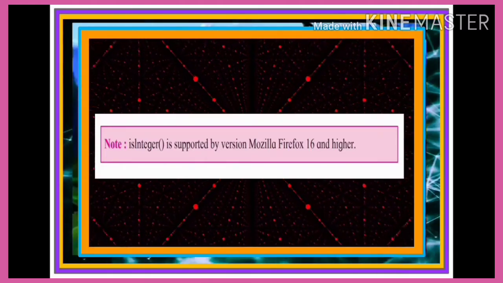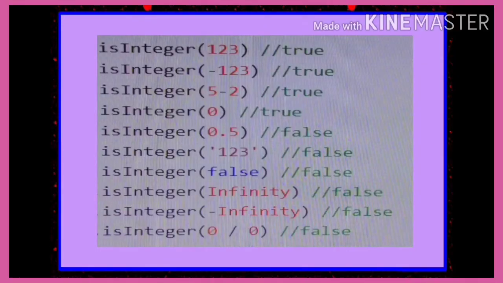Students, please note, the isInteger method is supported by Mozilla Firefox version 16 and higher. These are some examples of the isInteger function. If you pass 1 to 3, it returns true. If you pass -1 to 3, it returns true. If you pass 5-2, it returns true. If you pass 0, it returns true.